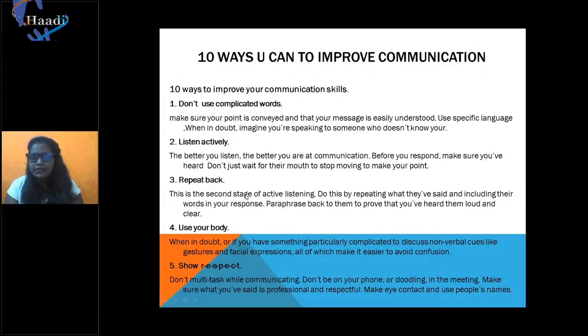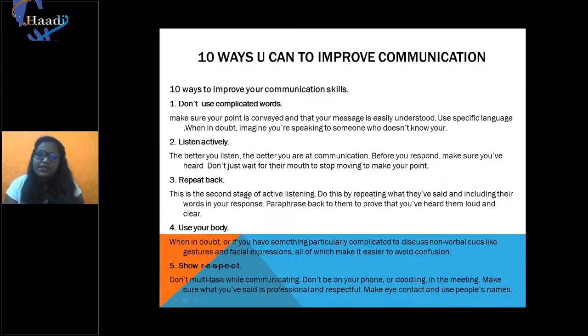Repeat back is the second stage of active listening. Repeat what you heard. Once you hear something, just repeat it to make sure you've heard it properly, and give yourself time to think about what the answer will be.